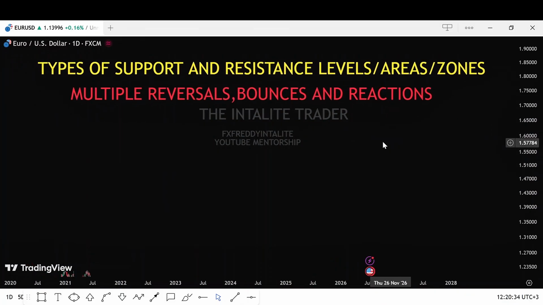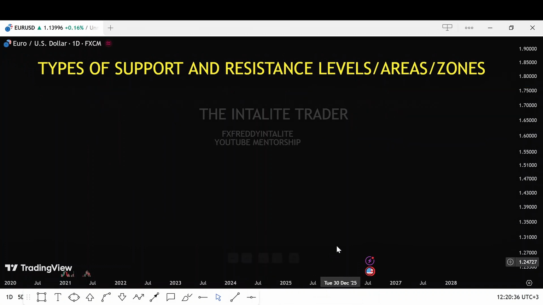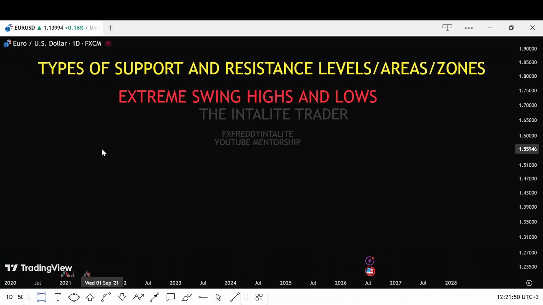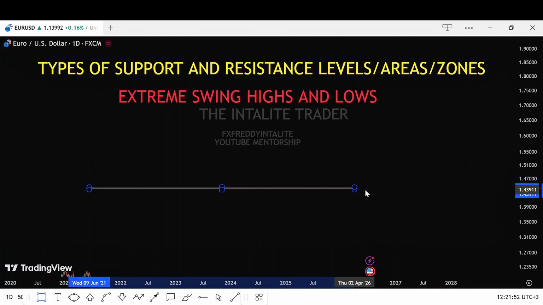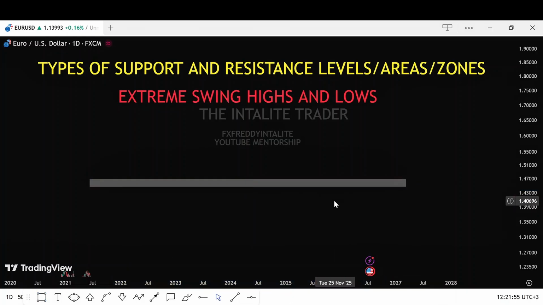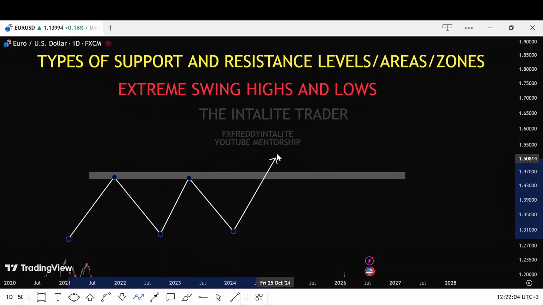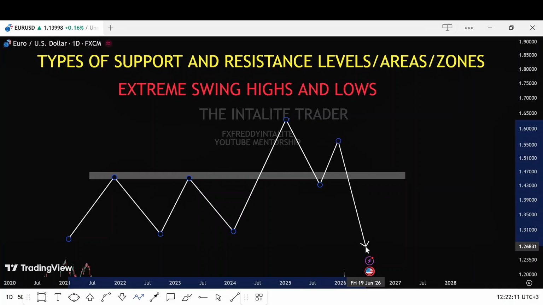Another type of support and resistance. Extreme swing highs and lows levels. Let's say you have price here from a key level, and then you see price trades here respecting this level. It breaks above, it trades away, then it comes and breaks this level respecting this.